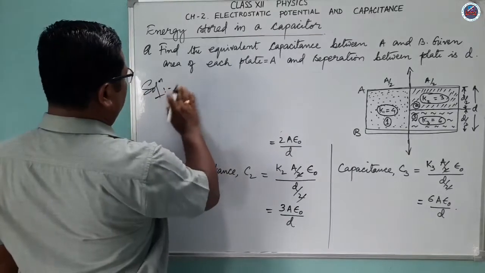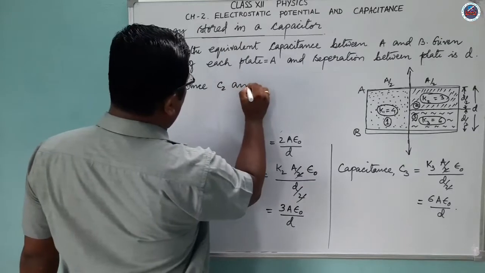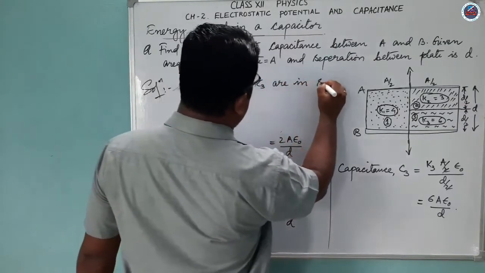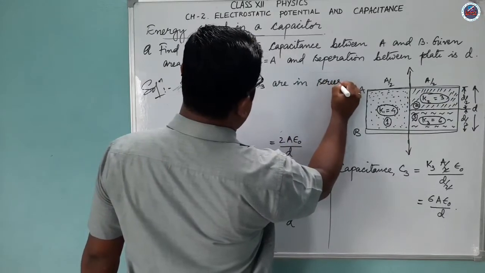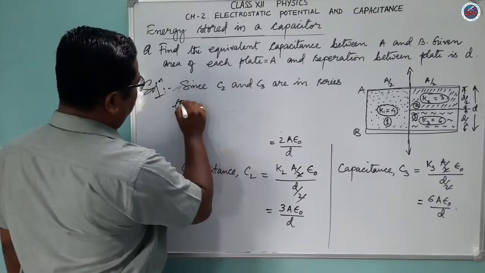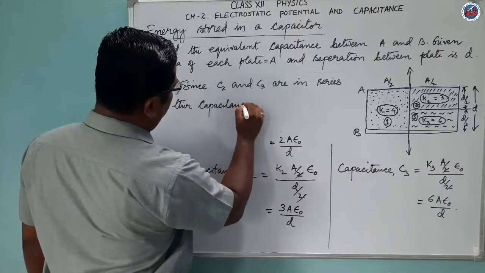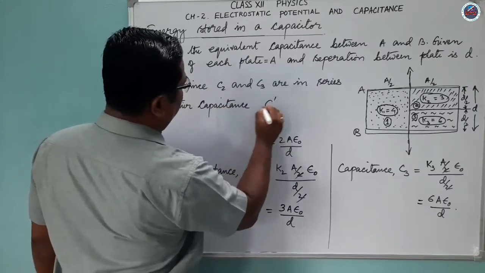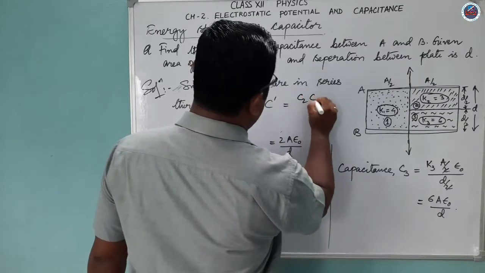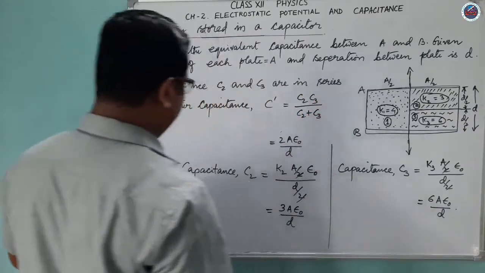Since C2 and C3 are in series, the capacitance, let us write it as C dash, will be equal to C2 C3 divided by C2 plus C3.